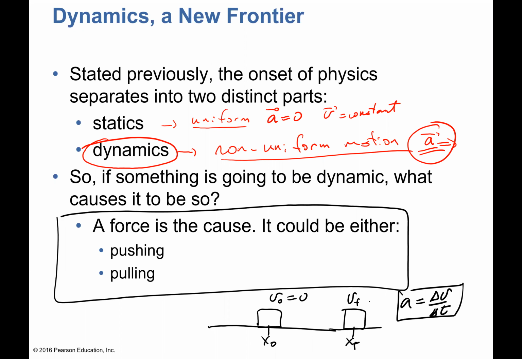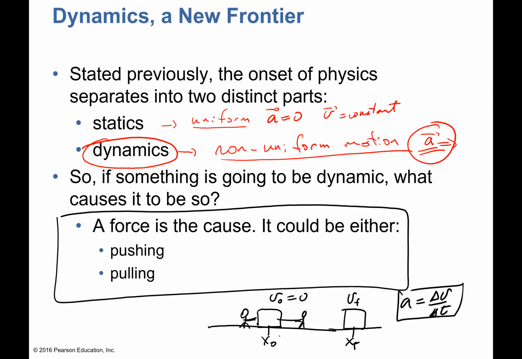Now we can say, well, you push the box, and the box is going to start moving from rest, it's going to start speeding up. Or you can pull, depending, maybe there's someone over here pushing, or maybe someone over here pulling by a rope or something like that. But in any case, for the box to speed up or slow down or change direction, we need a force.